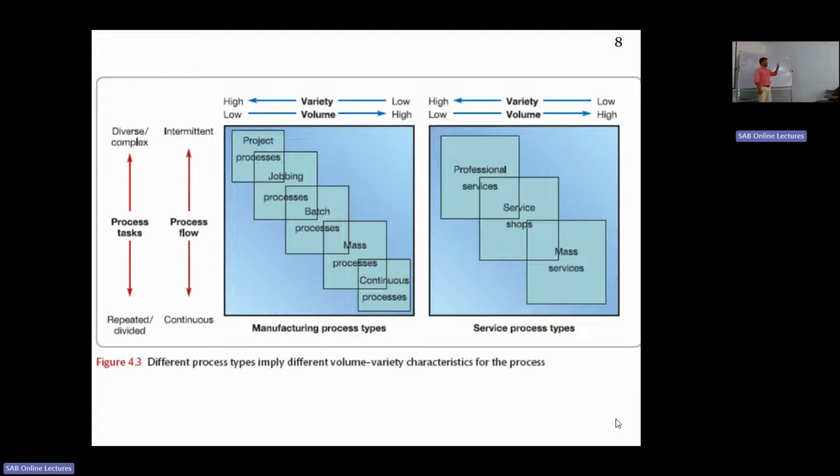There are three types, namely, one is called materials being processed, another one we call customers, and the third one is called information. So these are the three main things being processed in different operational activities.